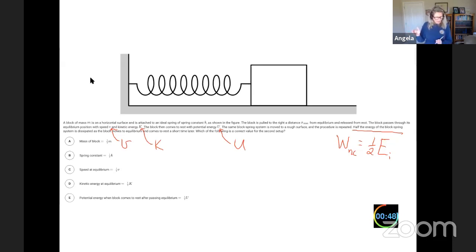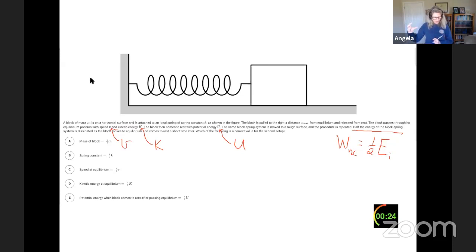And then it comes to rest at the amplitude with the potential energy u. So there's no dissipative forces acting, so the energy should be conserved. And then they put it on a rough surface and they repeat the procedure. So as the block moves to equilibrium and comes to rest, which of the following is true?